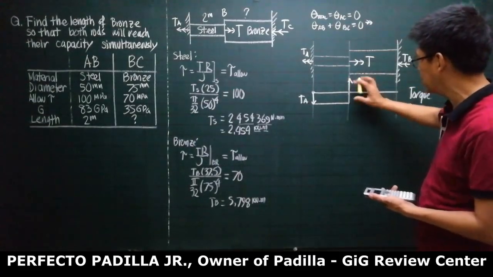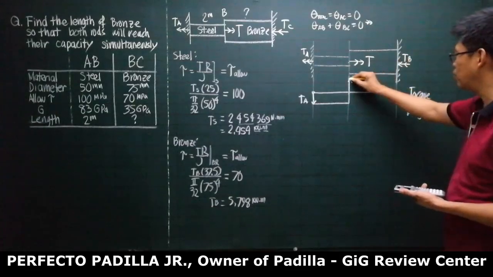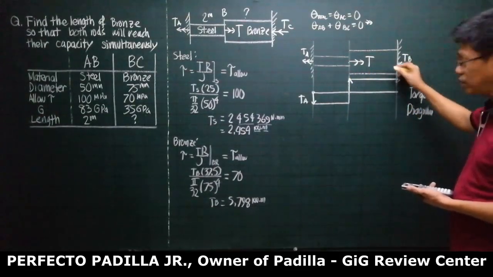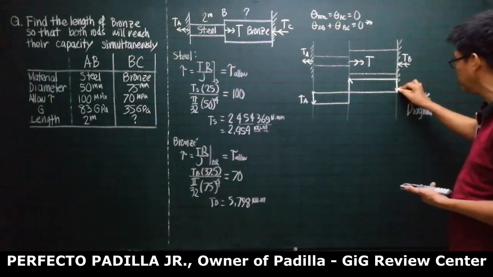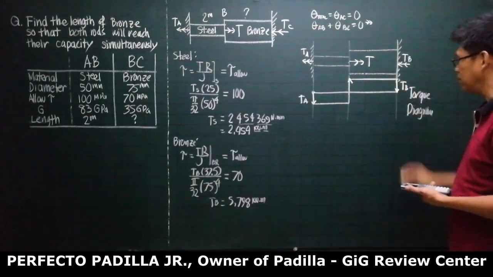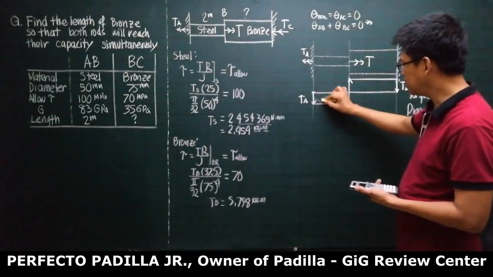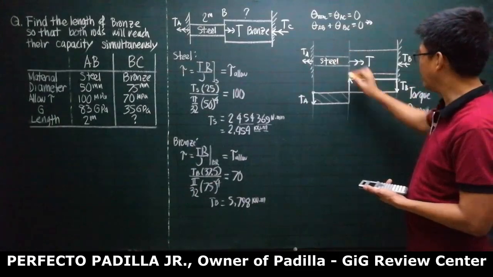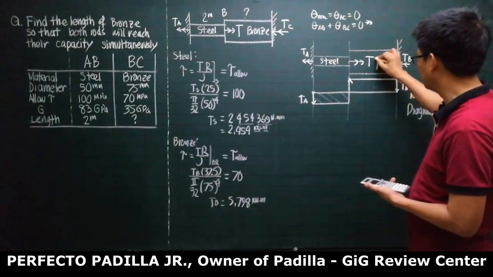So this is T. Then from here to here, there is no additional torque, so it will be horizontal. Here, there will be torque TB that will bring it back to 0. So this is TB. So this is the torque in steel, while this is the torque in bronze.